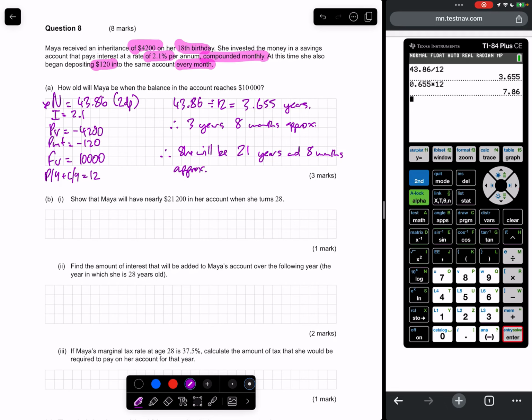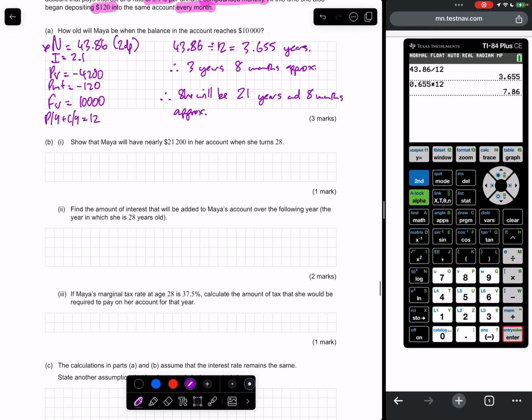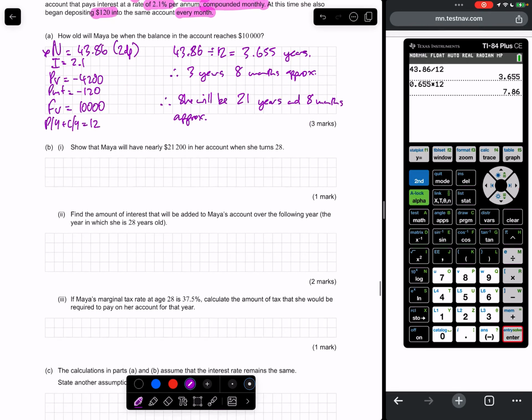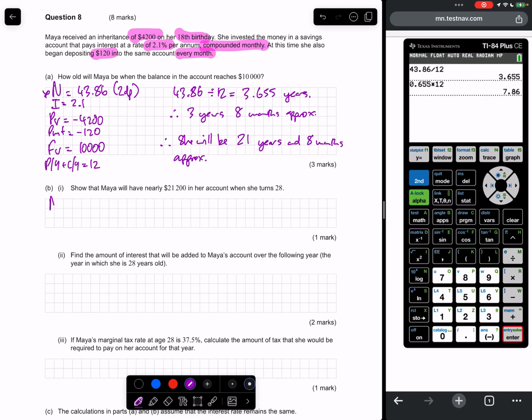When it reaches 10,000, show that Maya will have nearly 21,200 in the account when she turns 28. She's 18 now, 28 is 10 years after. 10 times 12 is 120. I is 2.1, PV negative 4200, PMT, she was putting 120 in there. We want to work out what is in the account by that time.